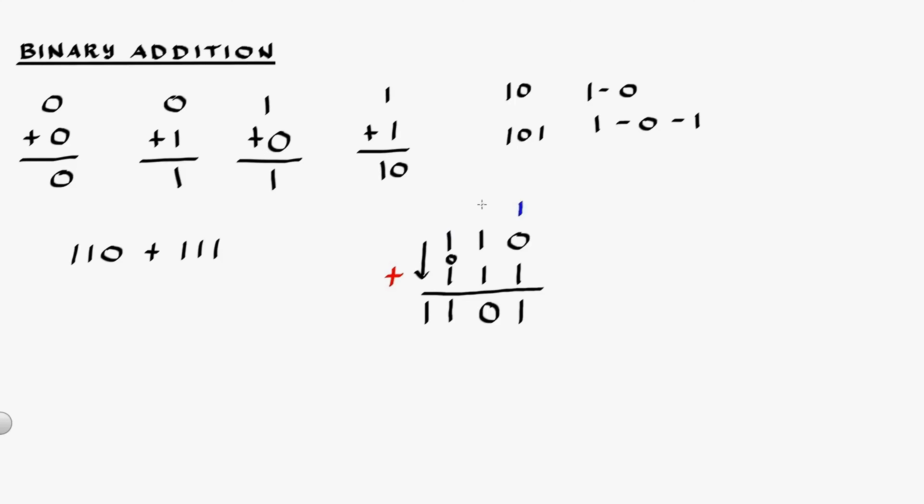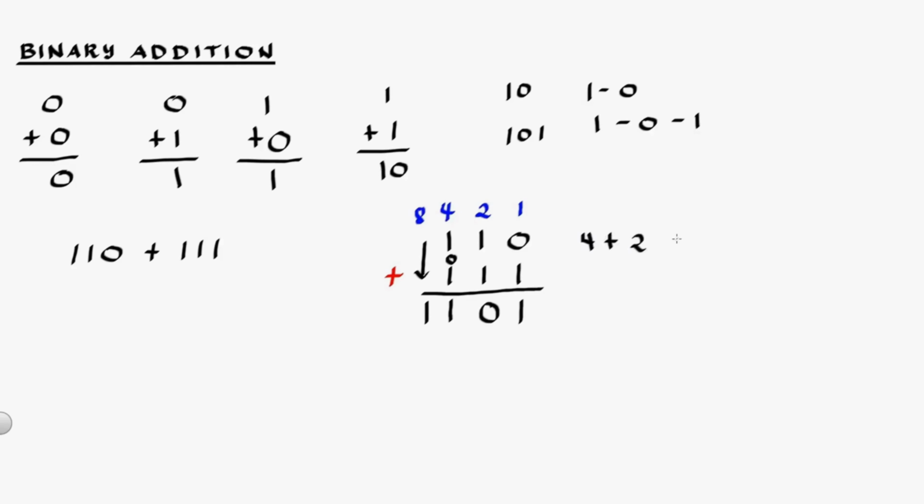We have 1, 2, 4, and 8. Then add up numbers with ones in the column. For 110, we have 1 under 4 and 2. So 4 plus 2 is equal to 6, and that's the decimal equivalent of 110.